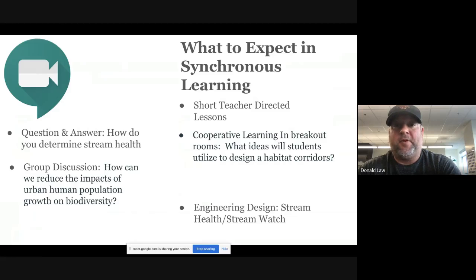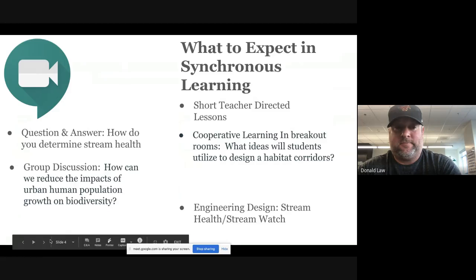There'll be some cooperative learning groups and breakout sessions where students will be in their own little groups, and they'll be discussing questions such as what ideas will students utilize to design a habitat corridor, or what is a habitat corridor? Finally, the students in our class will be doing an engineering design such as stream health and stream watch.